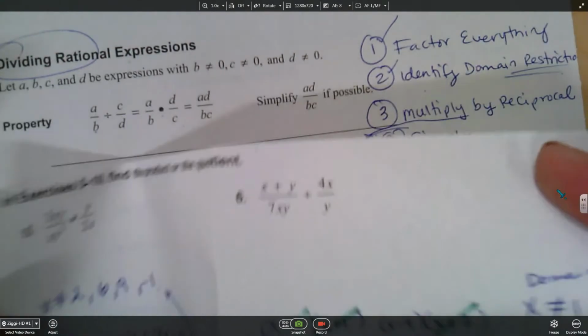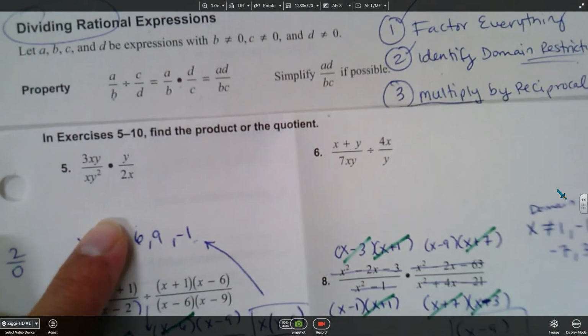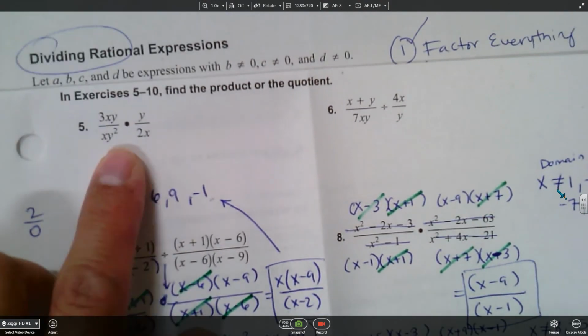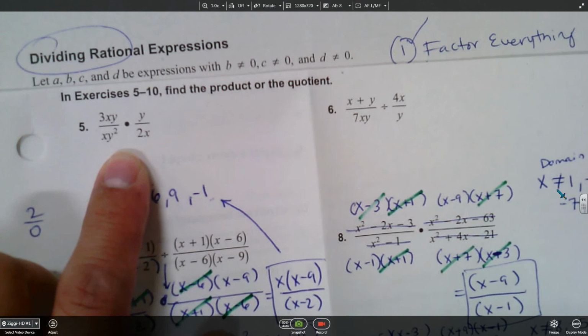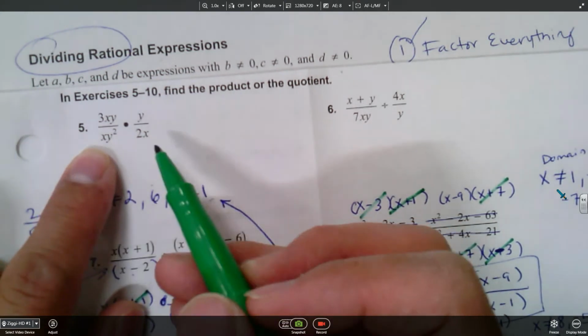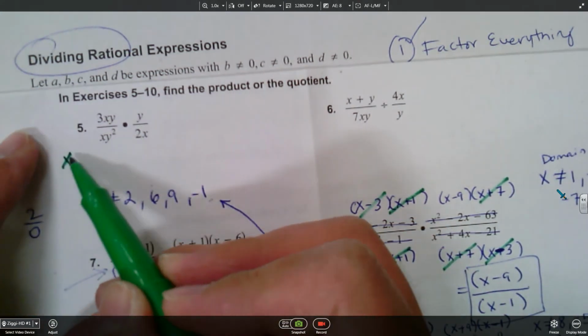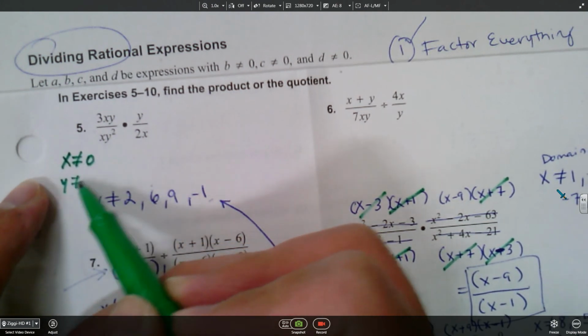Okay, let's finish the rest up there. The other easy ones up here, and then this should be the end of our notes. There's actually not much factoring that needs to be done. You're just going to go to identifying your restrictions. So right away, you say x can't be 0, y can't be 0.